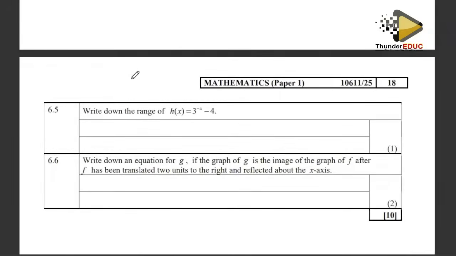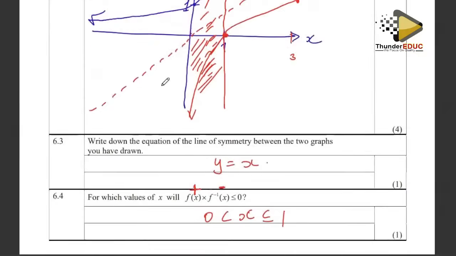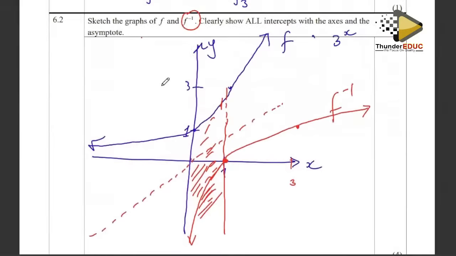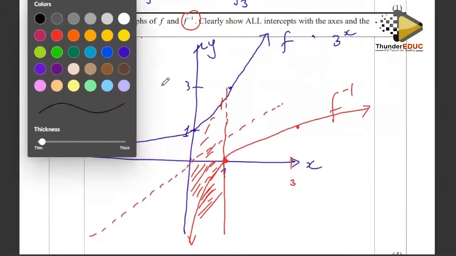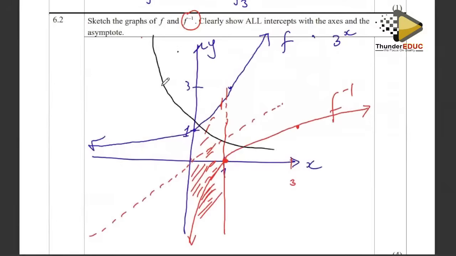All right, then write the range of this function. So it's 3 to the negative x, then we minus 4. What is happening? The original graph of f is being reflected about the y-axis. And remember, if you reflect it about the y-axis, you're going to get a shape of something like this.